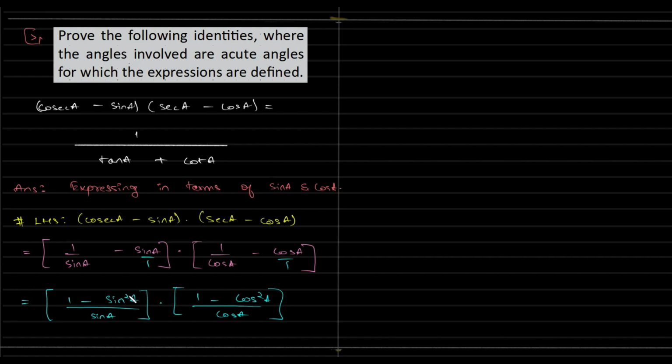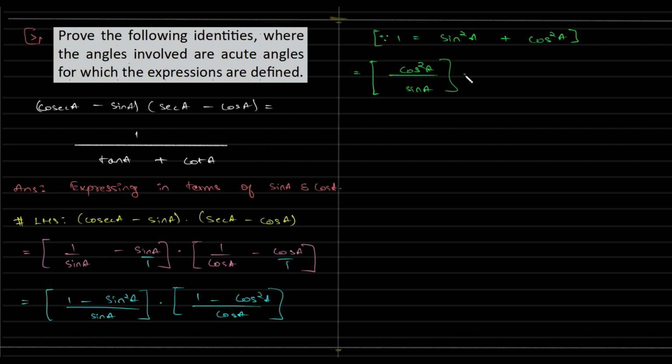Whenever I told you guys, whenever we see square, let's make use of the identity. And in this case, the identity used will be 1 is equal to sine square A plus cos square A. So we have 1 minus sine square A is, if I transpose this, it will be cos square A divided by, you have sine A. Okay.